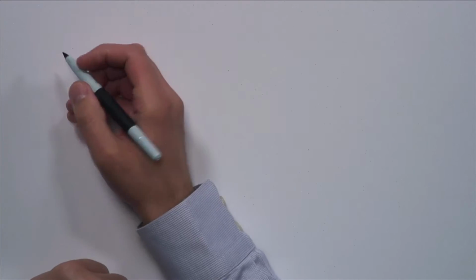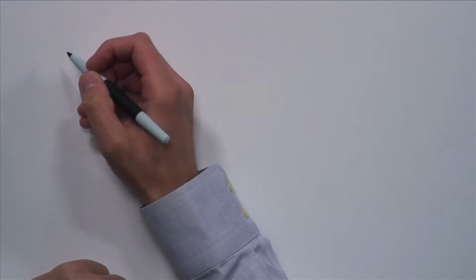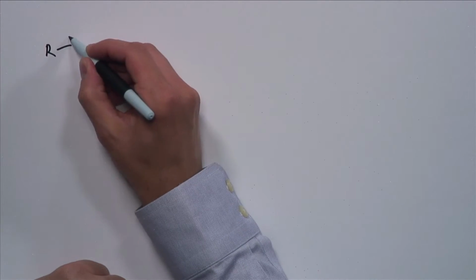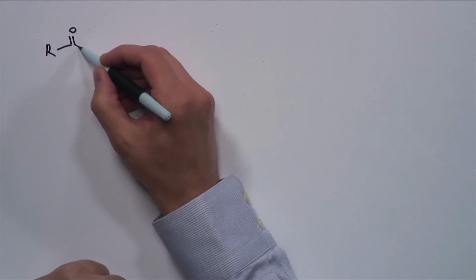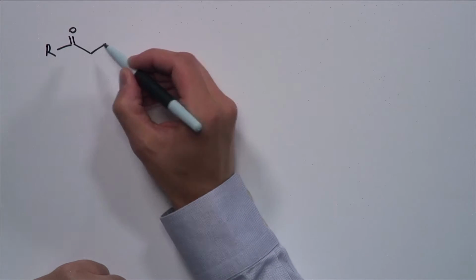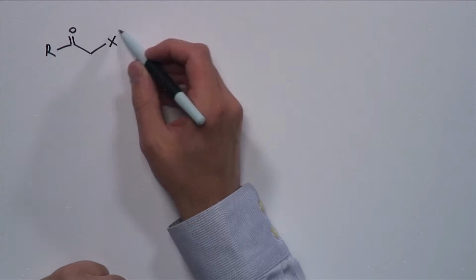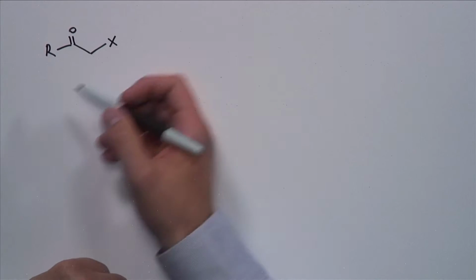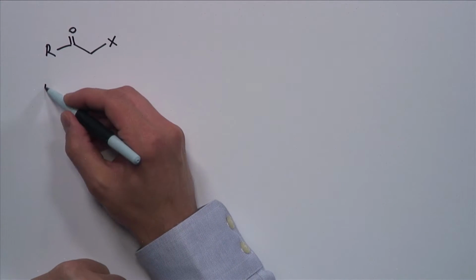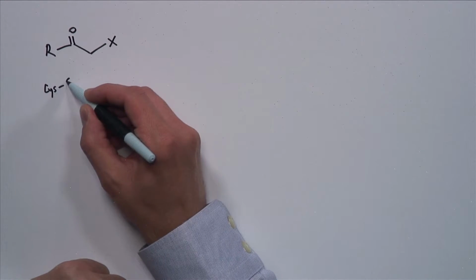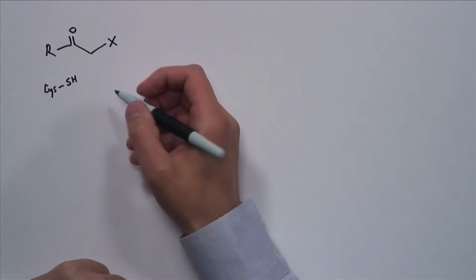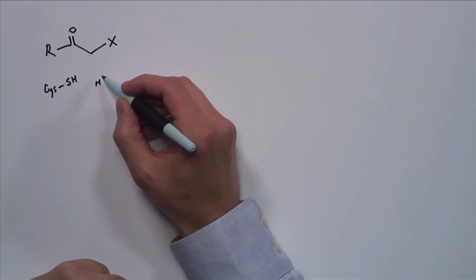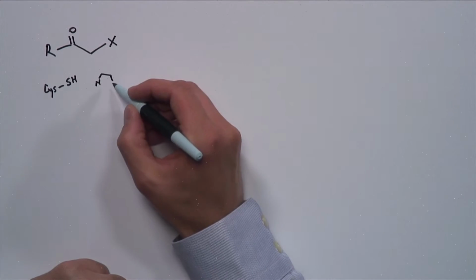Now, here is a general form of an alpha-substituted ketone. Here is the ketone, here is the methylene group attached to a good leaving group, which I'm going to denote X. And now, here are the residues in the active site. Here is the cysteine with the thiol group, and here is the histidine, which I'm going to draw out.